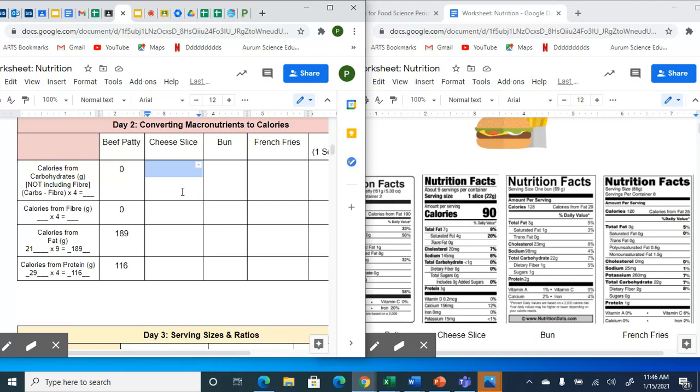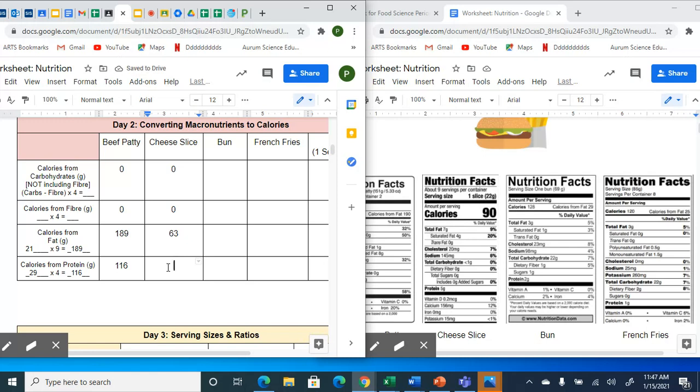So carbohydrates, we have less than 1 gram. So we're not going to worry about this one. But how about fat? 7 grams. 7 times 9 is 63.